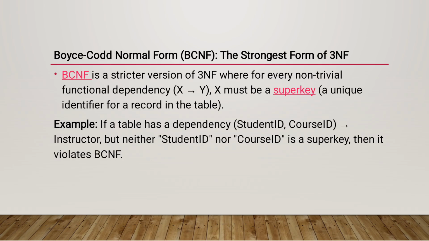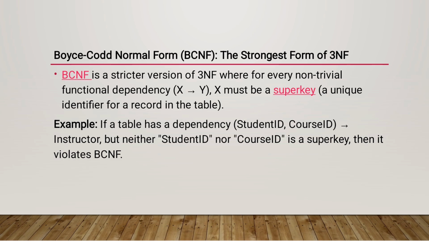Next, Boyce-Codd normal form. It is one of the strongest forms in normalization. To satisfy it, the table must satisfy the third normal form, where for every non-trivial dependency X depends on Y, X must be a super key of the table.